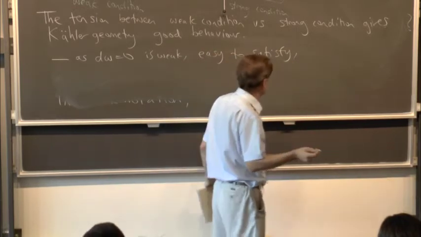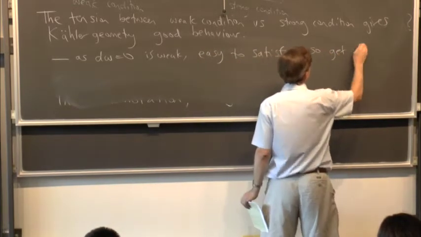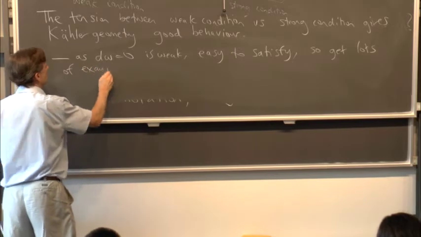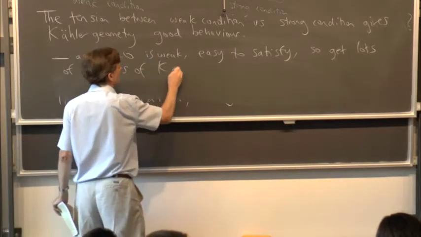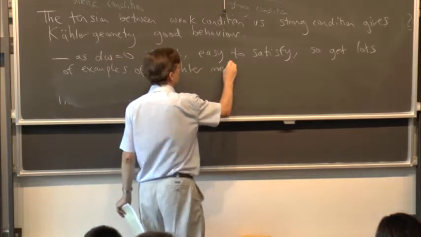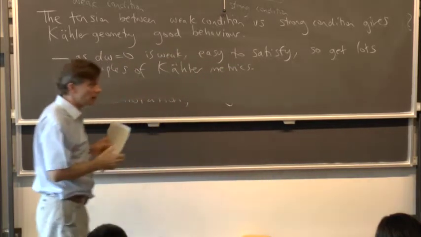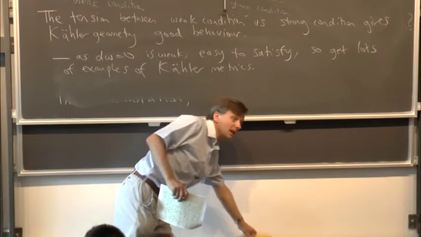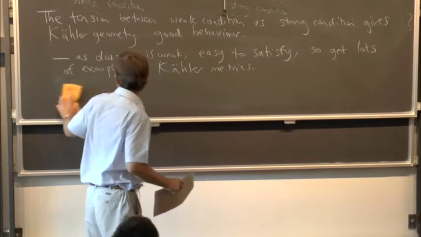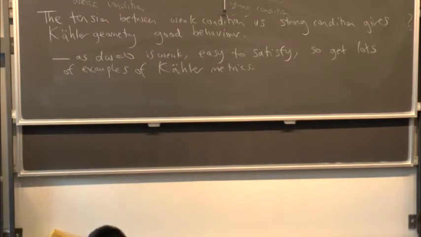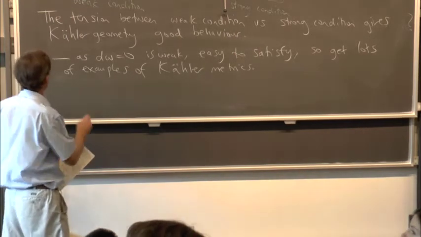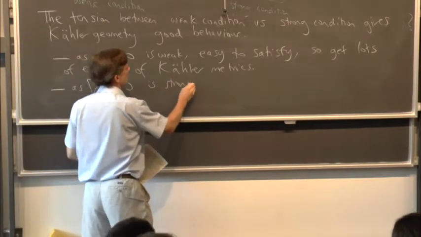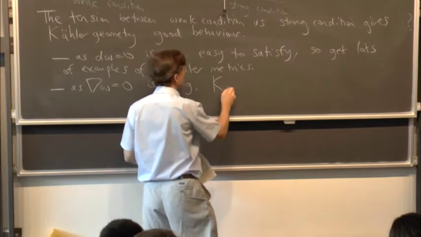And so you get lots of examples of Kähler metrics. As we'll see shortly, there are huge numbers of examples of interesting manifolds which admit Kähler metrics, and any one of these has an infinite dimensional family of Kähler metrics on them. So there's loads and loads of examples of Kähler metrics, but on the other hand, as nabla omega is 0 is strong, Kähler metrics have very good properties.